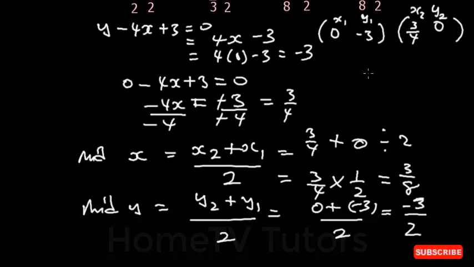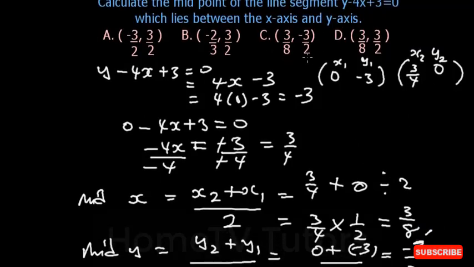So at the midpoint we have 3 over 8 and minus 3 over 2. So the right answer is C.